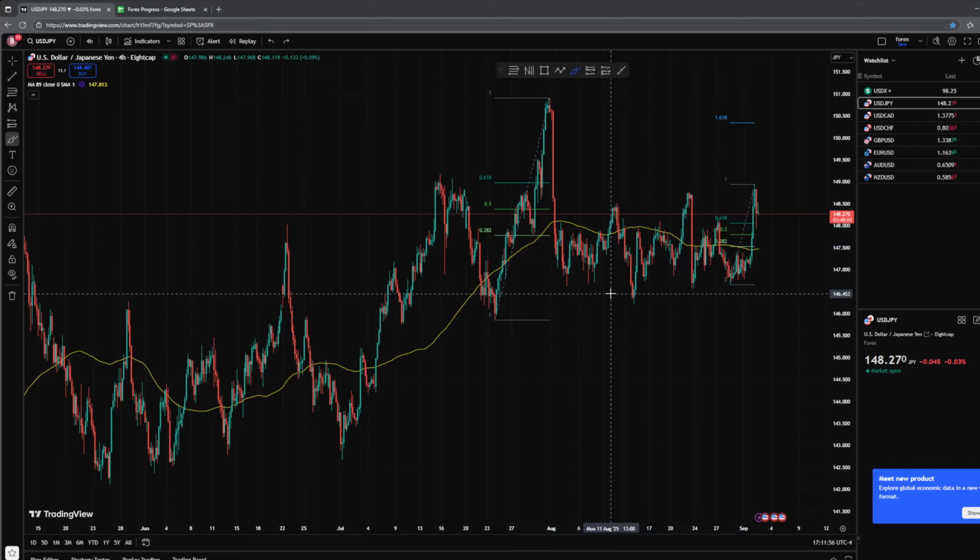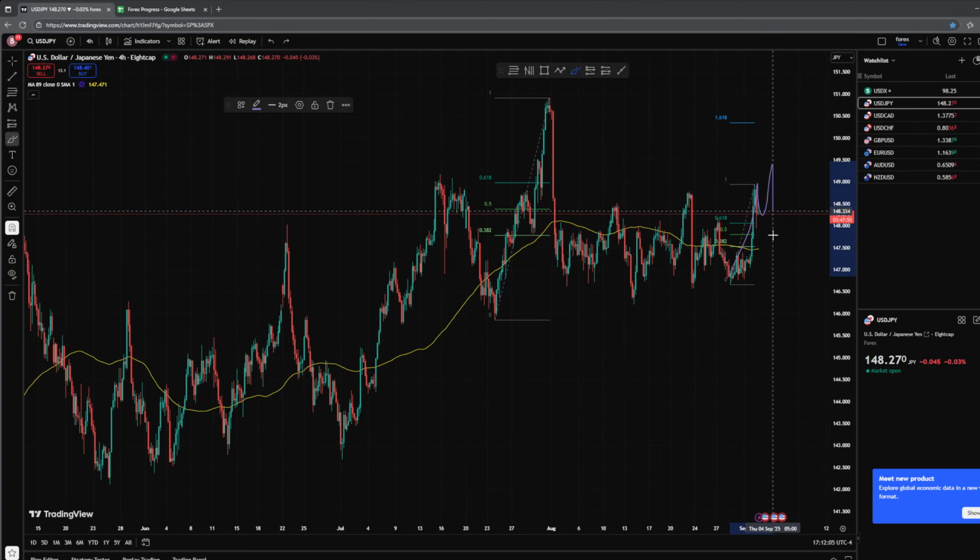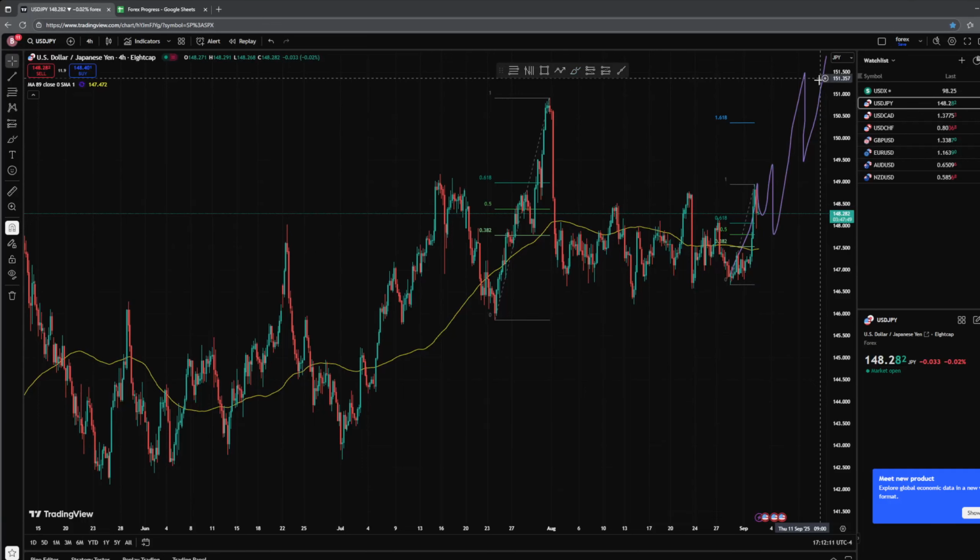So I would recommend waiting on USD Japan yen. If it returns into the original trend, soon market should explode like this, then retrace, then continue to go up. Until that, it's better to wait on USD Japan yen because the trend is weak.